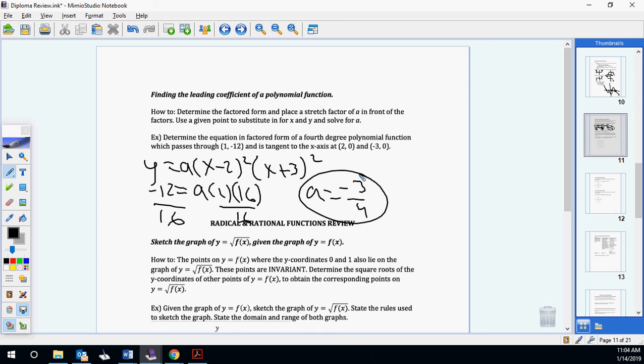And so then your final equation, P of x, or y, equals negative 3/4 times (x minus 2) squared times (x plus 3) squared. Okay. And that is it.